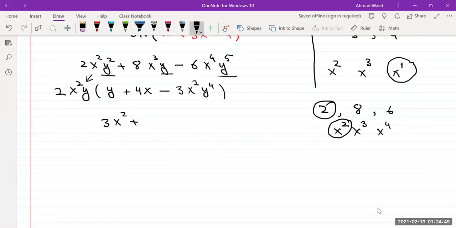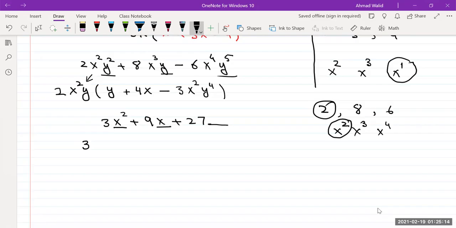3x squared plus 9x plus 27. First, between the numbers 3, 9, and 27, definitely 3. Between x squared, x, and you don't have x in the last term.